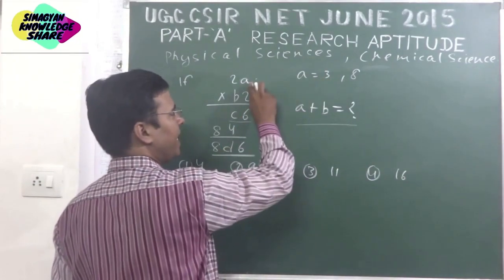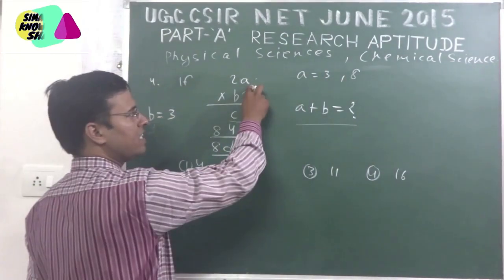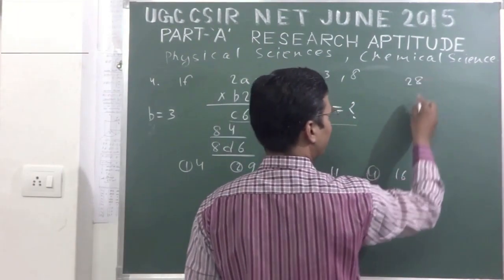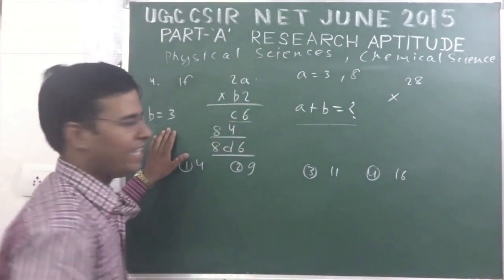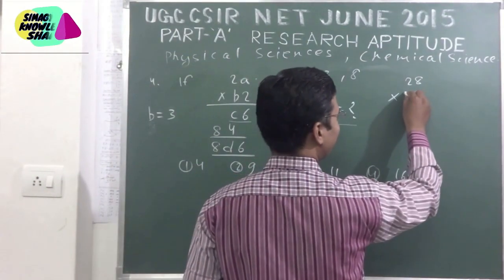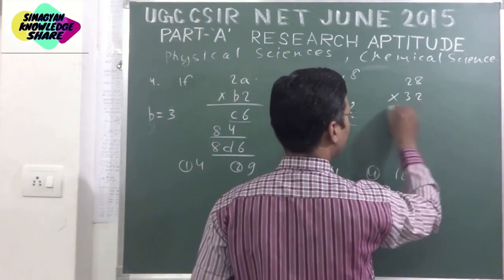But if a is 8, then 28 multiplied by b, which is 3, gives 84.